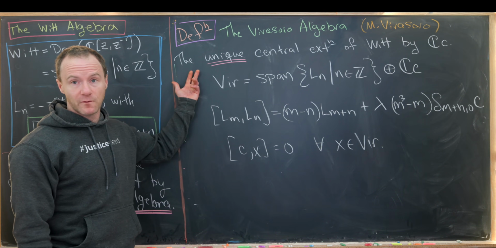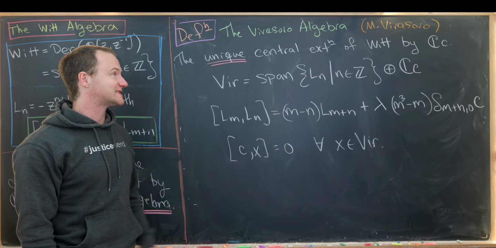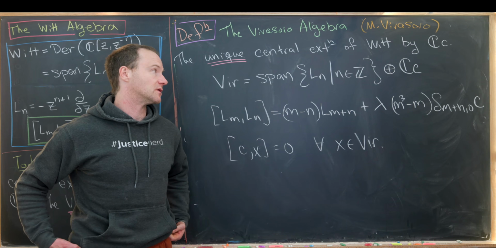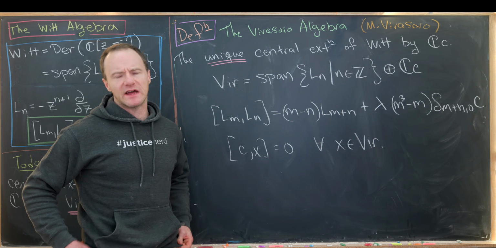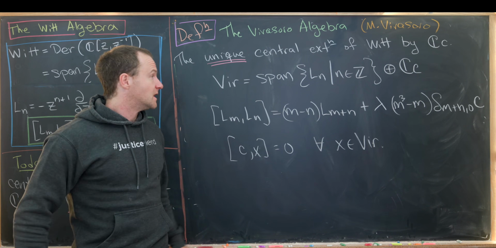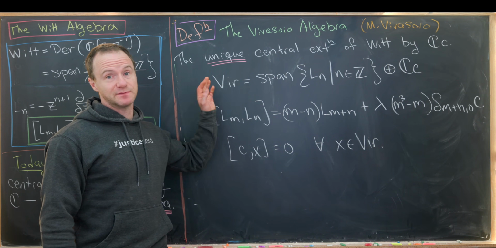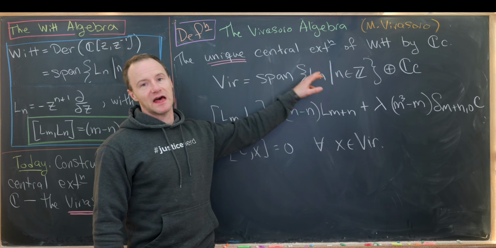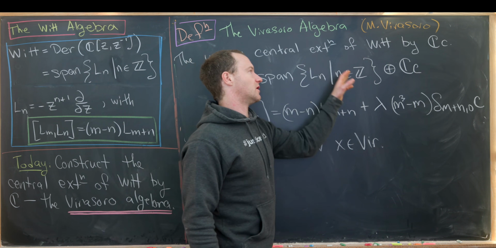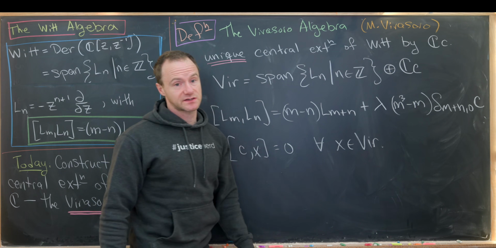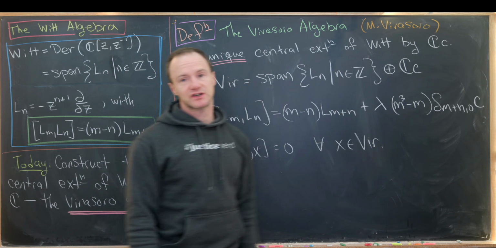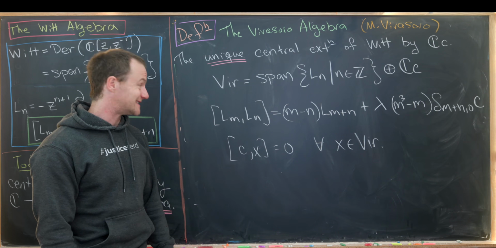Like I said before, it's defined to be the unique central extension of the Witt algebra by a one-dimensional vector space, viewed as an abelian Lie algebra. So it has a nice basis built out of those two parts. It's the span of these operators L_n, as n goes over all integers, direct sum with this one-dimensional vector space, which I've given basis vector c.